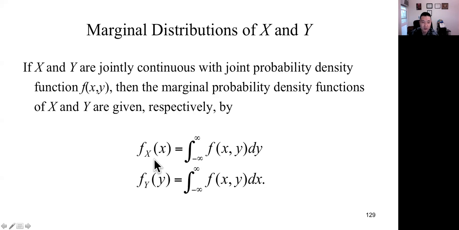Look at the first one. f_X(x), which means for x equal to a certain value, we integrate over y for that certain x. And the next one is when y is fixed at a certain value, we integrate over all the possible x. So this is the same idea as a mass function, but we do the integration.